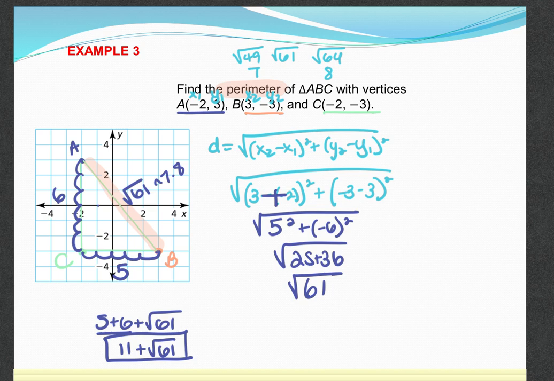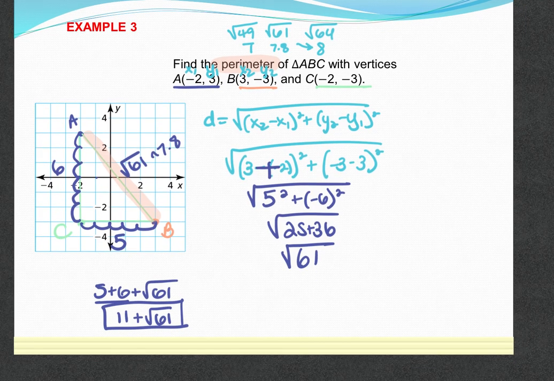It's only 3 away from 8, so it's a little bit closer to 8 than it is to 7. So we could have rounded or approximated it to be a 7.7 or a 7.8, which now we know is the right answer. Then when we add, we'd get 5 plus 6 plus 7.8, or 11 plus 7.8, which is 18.8. And that's the approximation of my perimeter. Here is my exact perimeter.